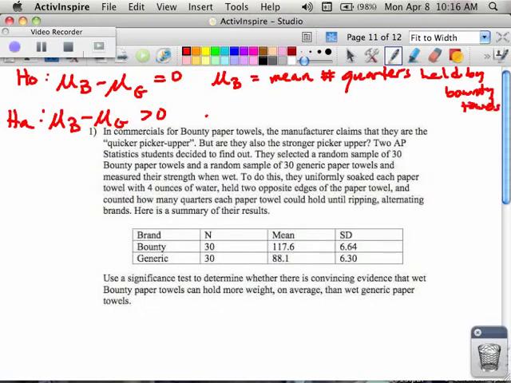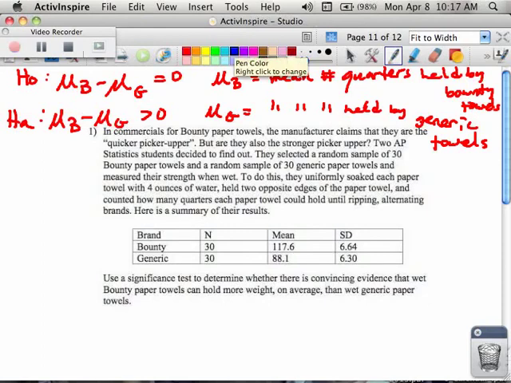And then, of course, that means that mu of the generic is the mean number of quarters held by generic towels. So everything pretty much works exactly the same as it has in the past, except we use a two-sample formula. It works the same as a confidence interval, except now it's a test. So very similar. After we do this, we talk about which test we're going to use.